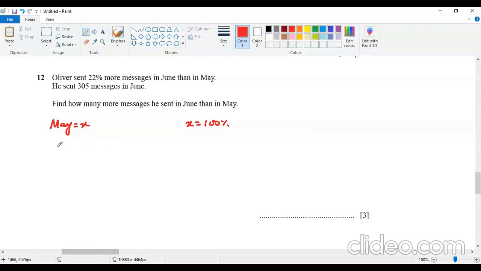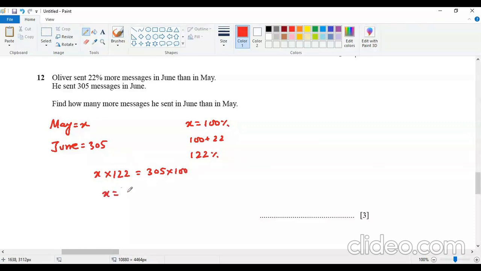So what we say is in the month of June there are 305 messages, which is 100 plus 22, which is 122%. Because we have no idea how many messages are sent in the month of May, this is going to be 122 and 305, which is 100%.